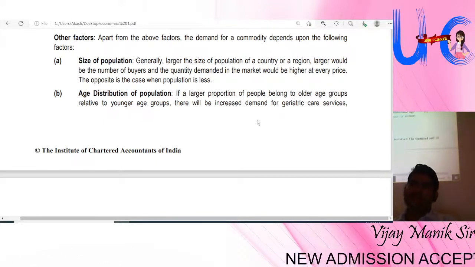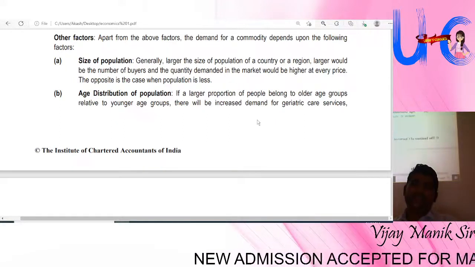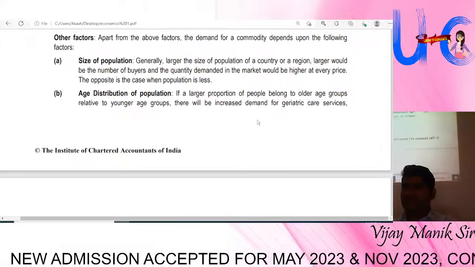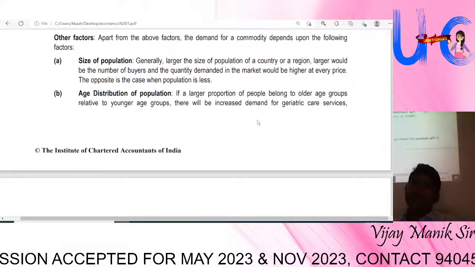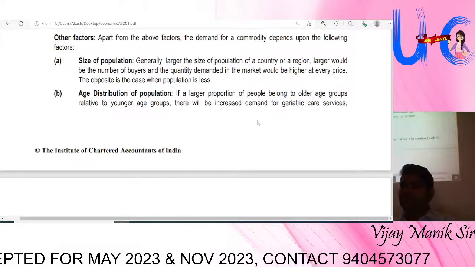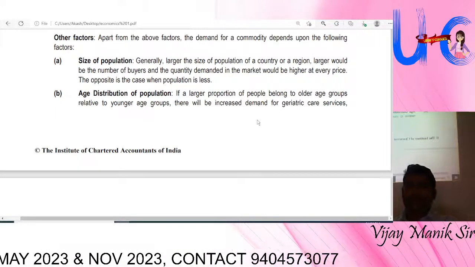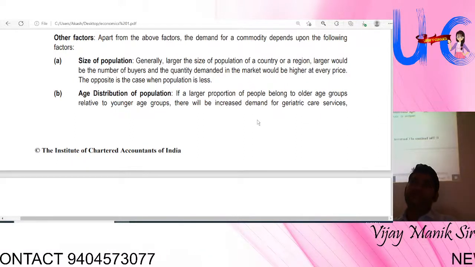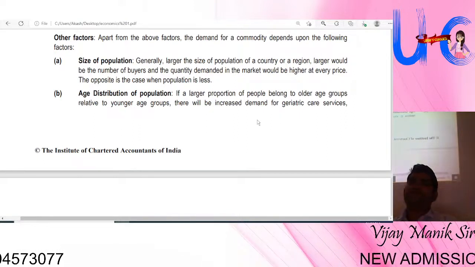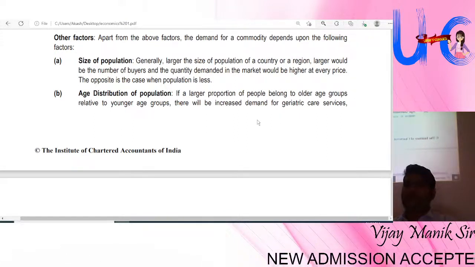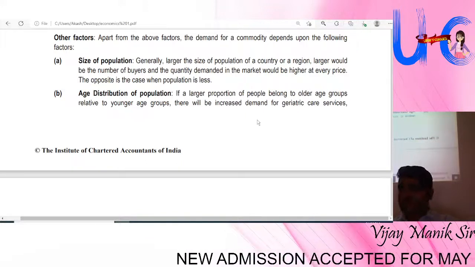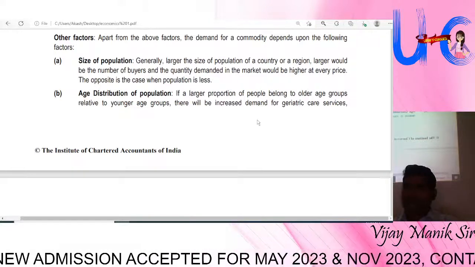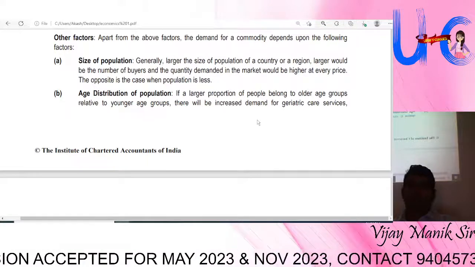Slummy area or that particular posh area? It is based on the buyers whose capacity is good to buy. Another thing, the price should be matchable. For example, in a posh area there are 1000 people, and they can buy a product which costs more than 3000 rupees.